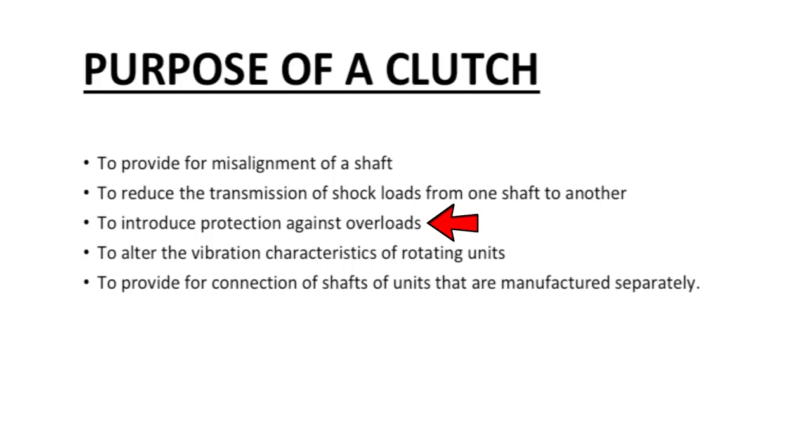Number 3, it introduces protection against overload, to alter the vibration characteristics of rotating units, as well as to provide for connection of shafts of units that are manufactured separately. So these are the purposes of a clutch, or the function or the use of a clutch.